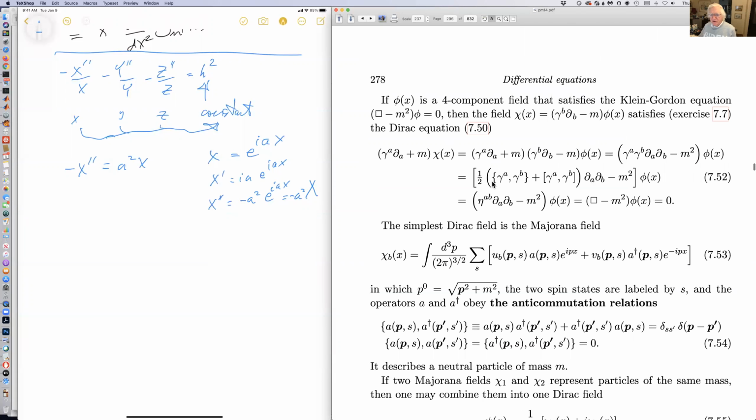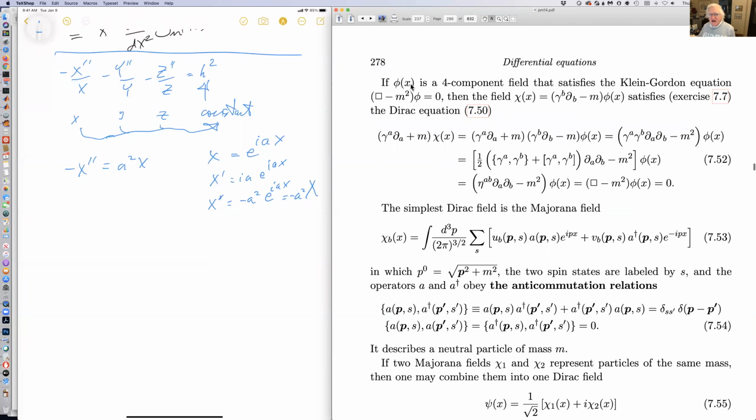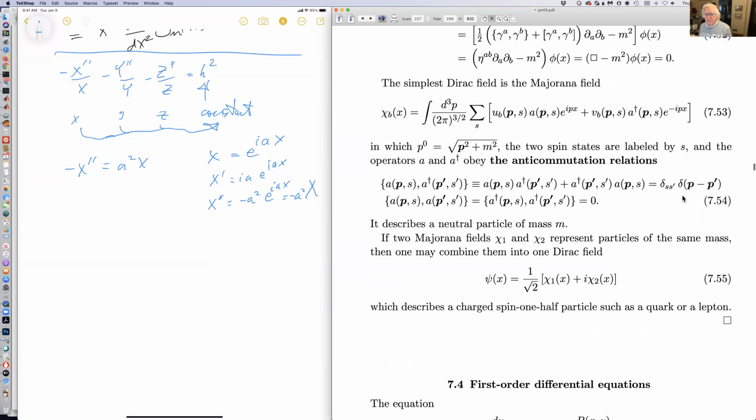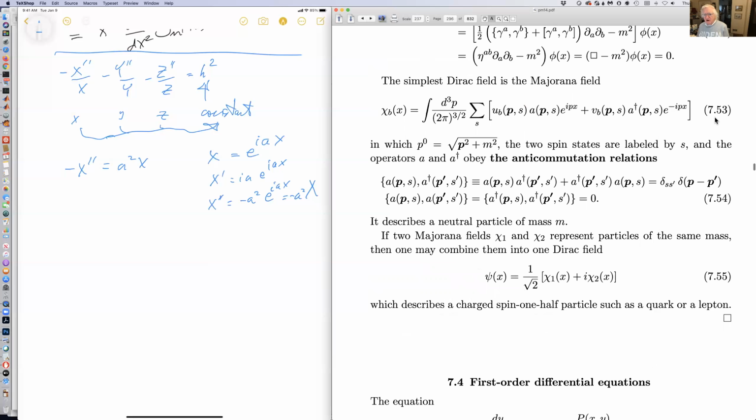What's cute here is that if phi of x is any four-component field, each of whose four components satisfies the Klein-Gordon equation, then if you operate on phi with this differential operator, you get a solution of the Dirac equation. The simplest Dirac field is a Majorana field.